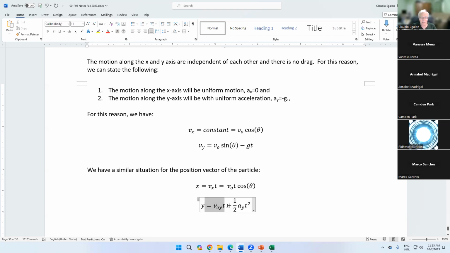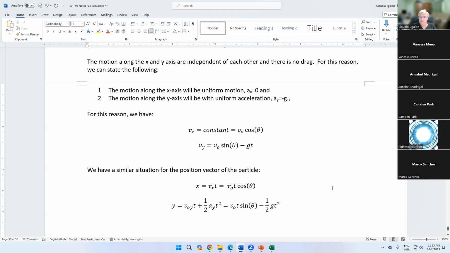The V naught y t is V naught sine of theta t. And here what we get is minus half g t squared. The minus comes from the g. So those are the equations of motion that we have.